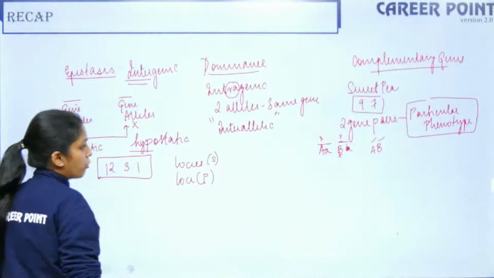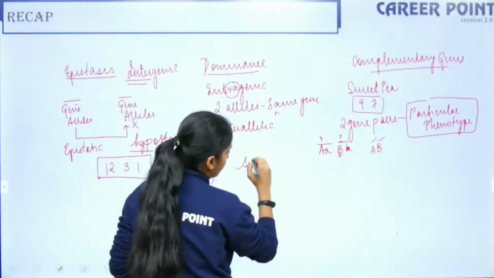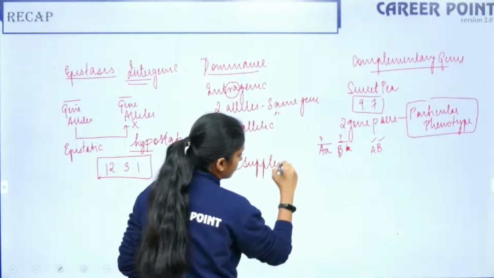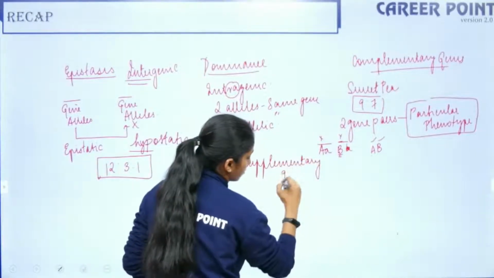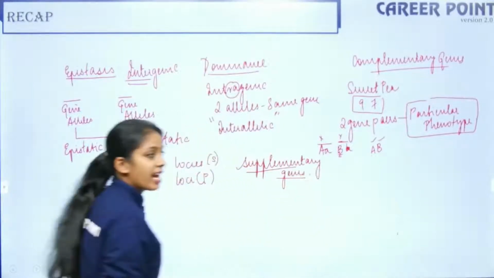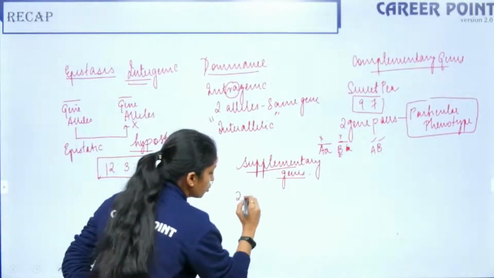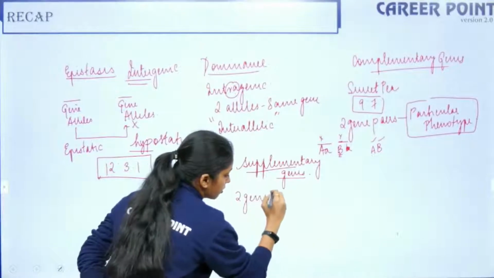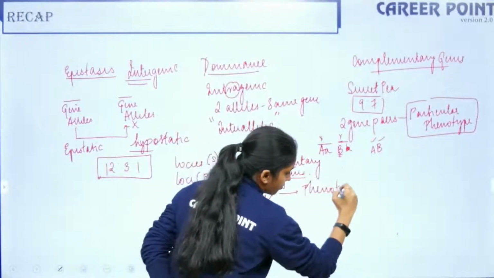Okay. So I have one more type of gene that is known as supplementary genes. Again, I have two pairs of genes.